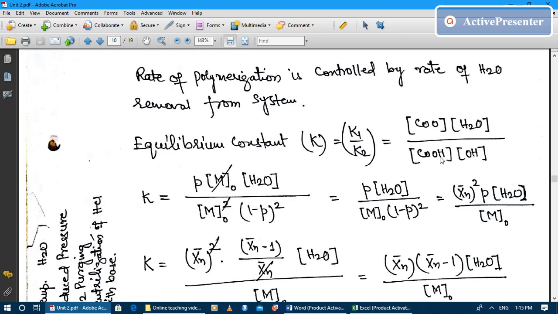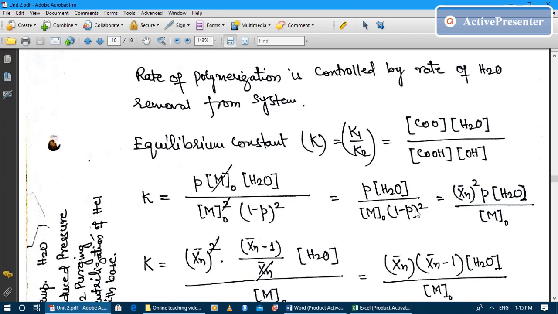In place of the concentration of the carboxylic and hydroxyl groups, we can write the generalized equation. So here M naught and this square will cancel out and we get P times the concentration of water over M naught times (1 minus P) whole square.